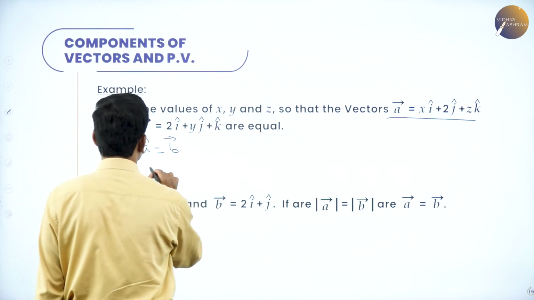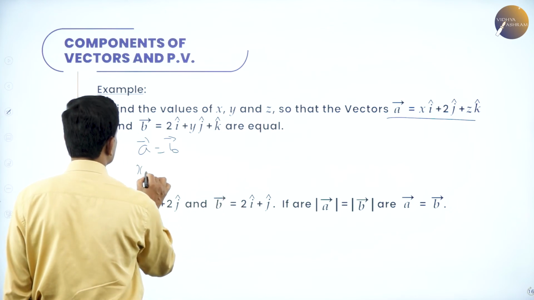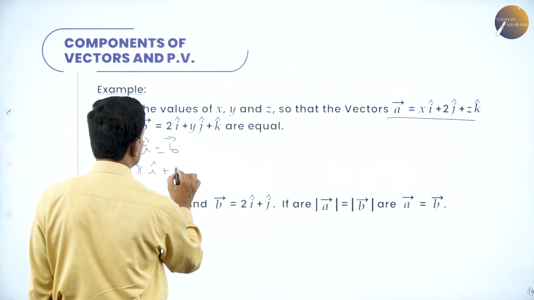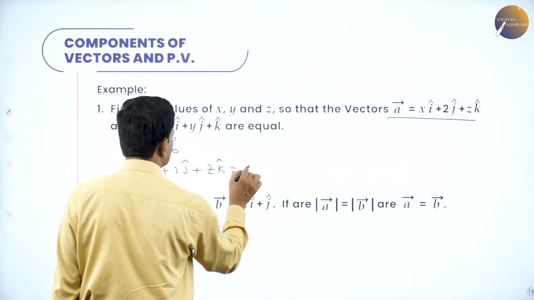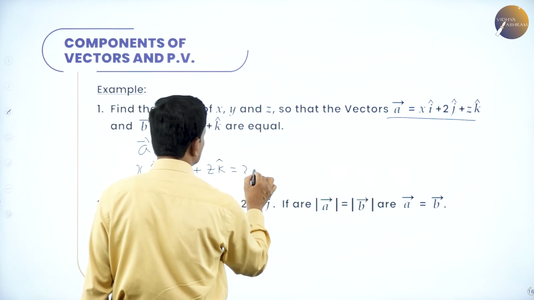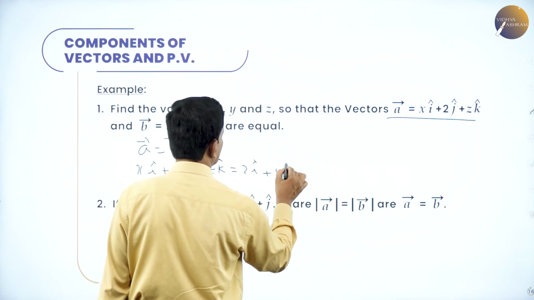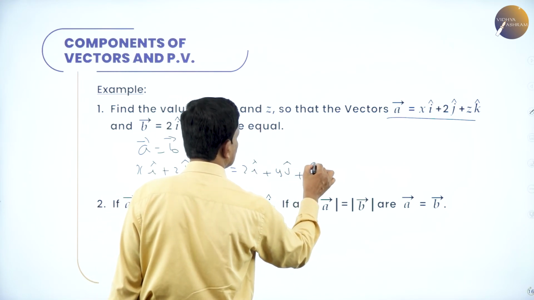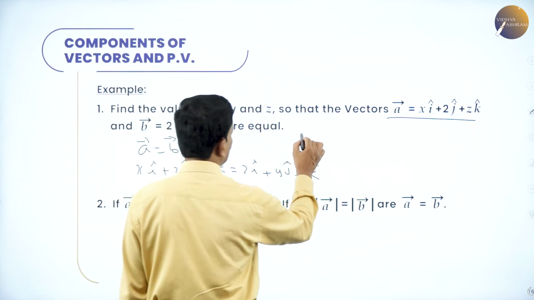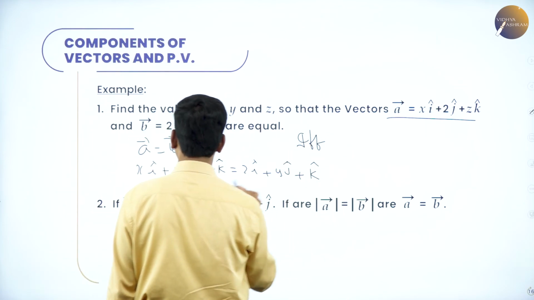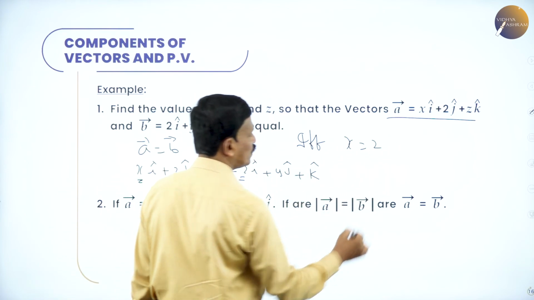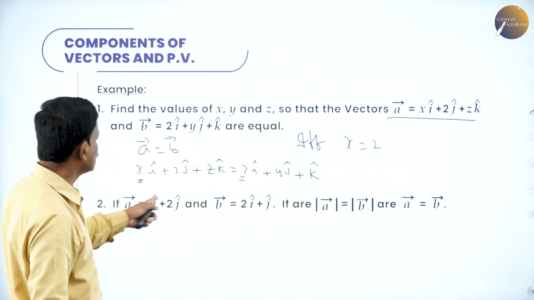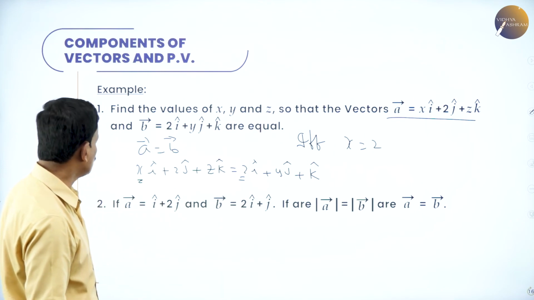So here, what is vector A? Vector A is xi plus 2j plus zk, equal to vector B, 2i plus yj plus k. This is equal if and only if the coefficient of i here is x, and the coefficient of i in B is 2, so x is equal to 2. The coefficient of j is 2 and here it is y, so y is equal to 2.